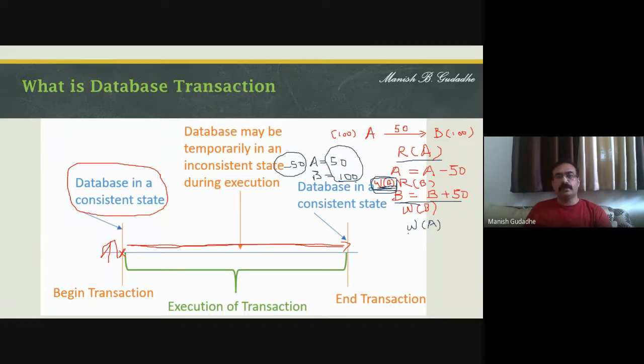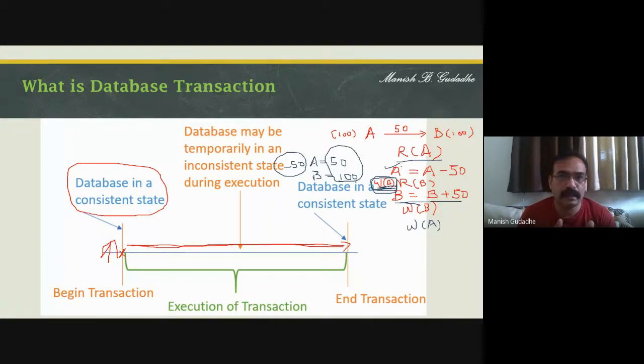Even if I have deducted rupees 50 from A, we have not finalized that change. Then we will add 50 to B, and after that, we are going to write B and we are going to write A.